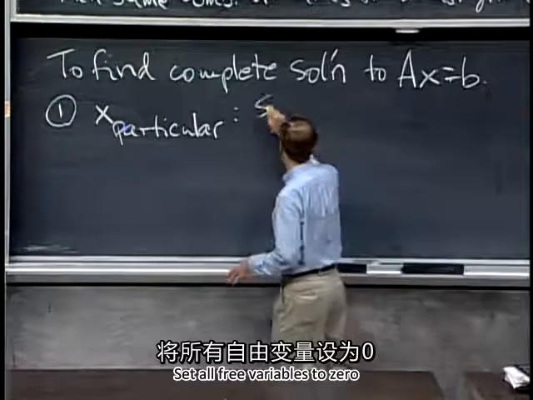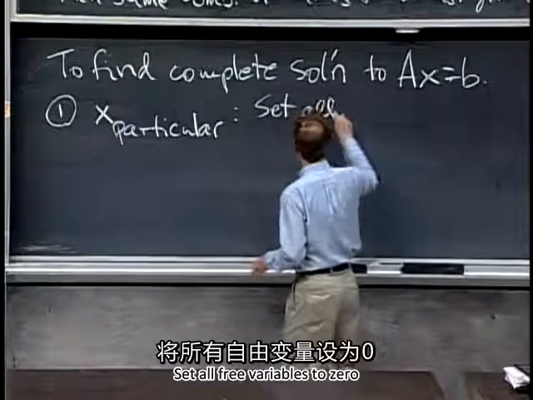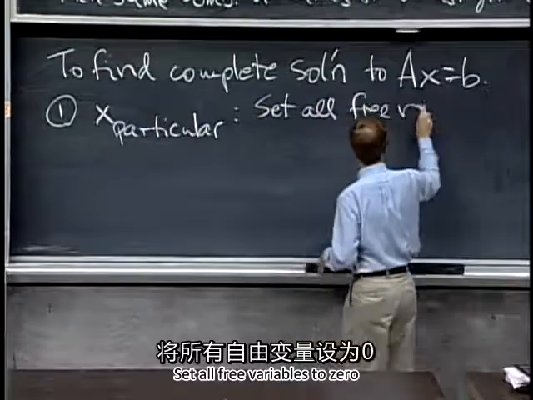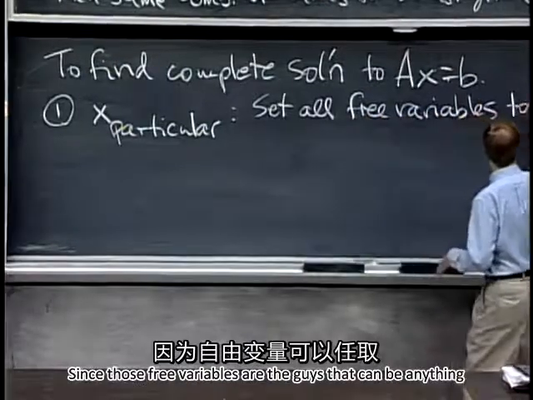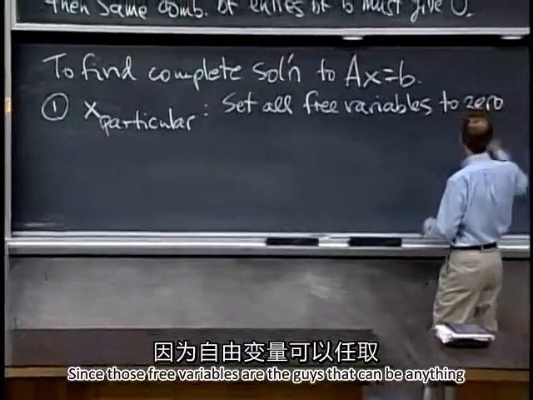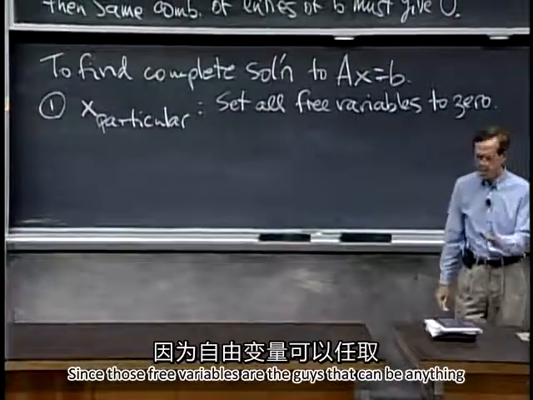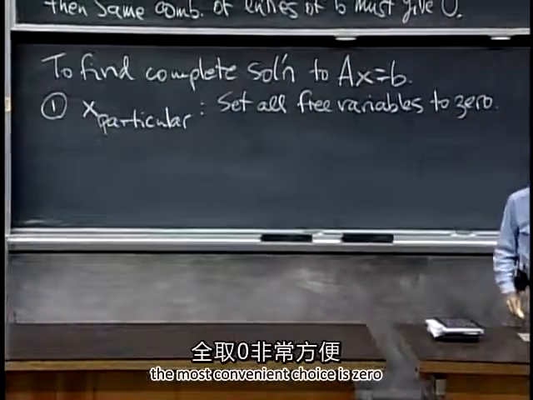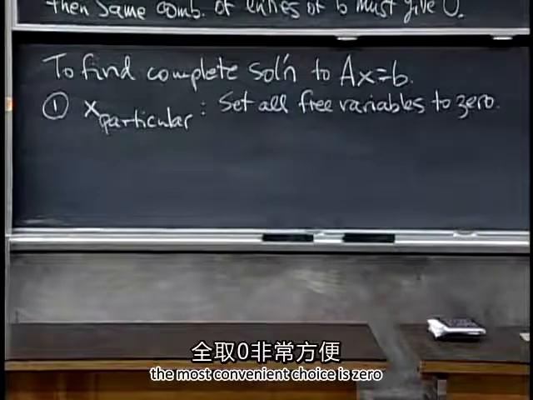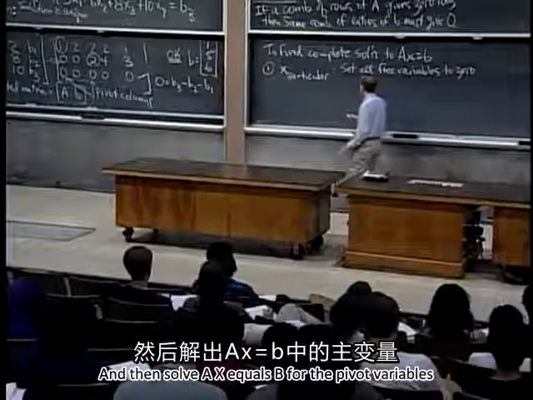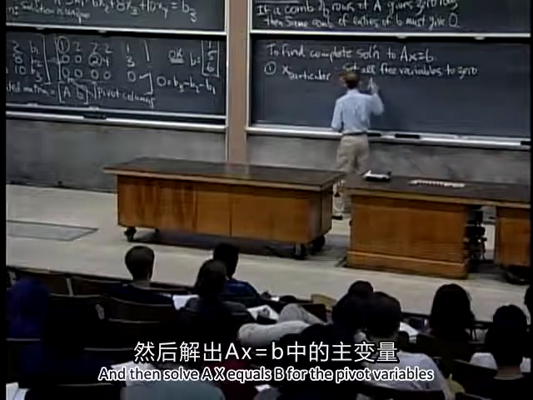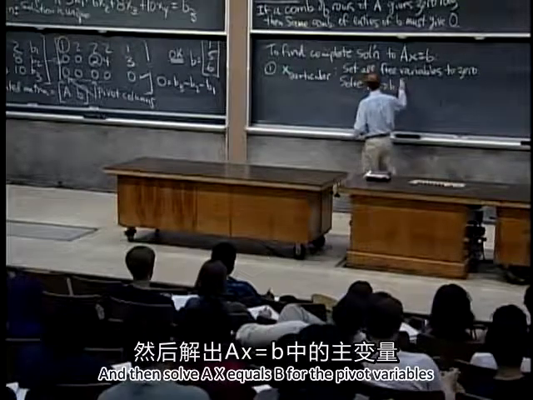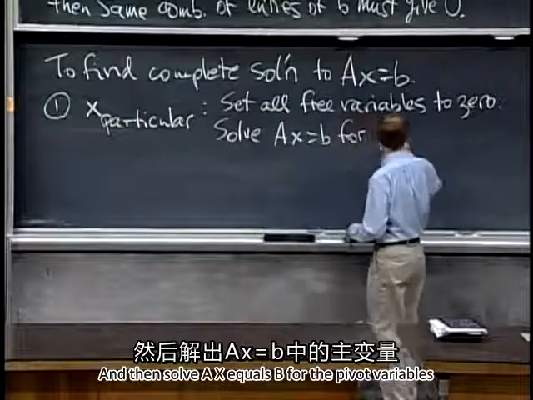Set all free variables to 0. Since those free variables are the guys that can be anything, the most convenient choice is 0. And then solve Ax equal b for the pivot variables.